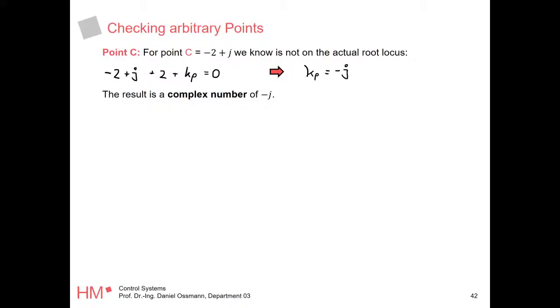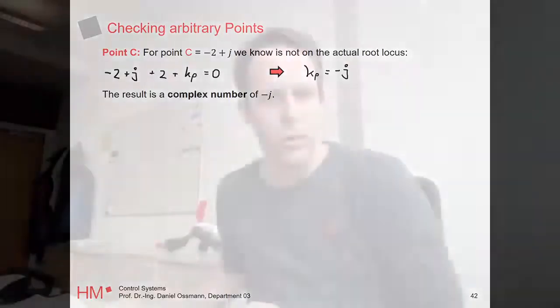Okay, so we need a little bit of a strange controller. And I hope you agree with me, such a controller you cannot implement, right? It's just a complex number. It's pretty hard to code this guy up, right?